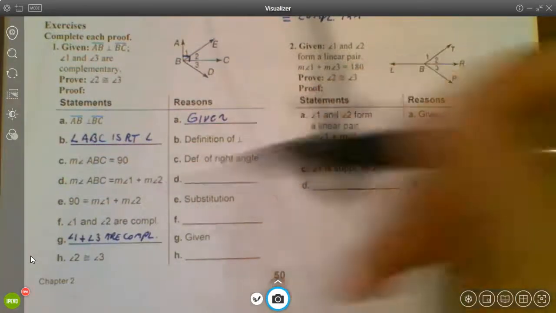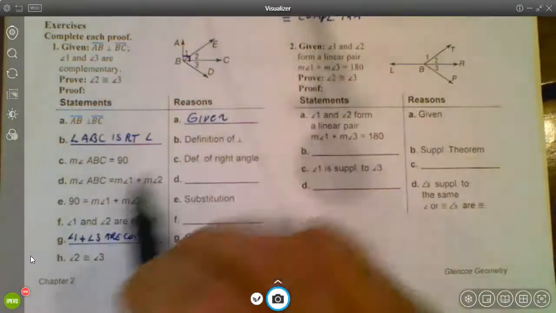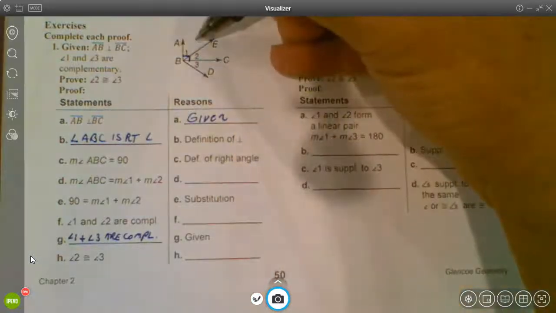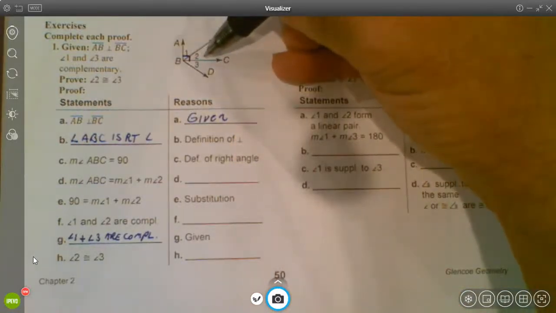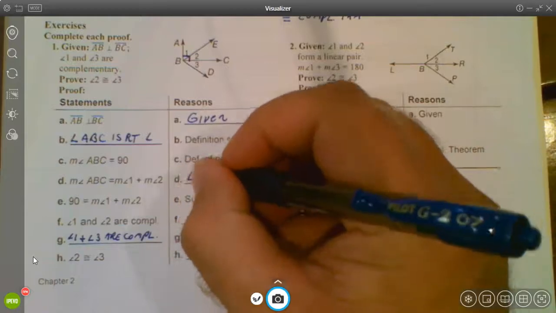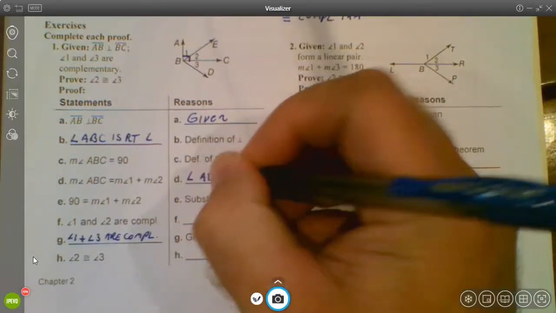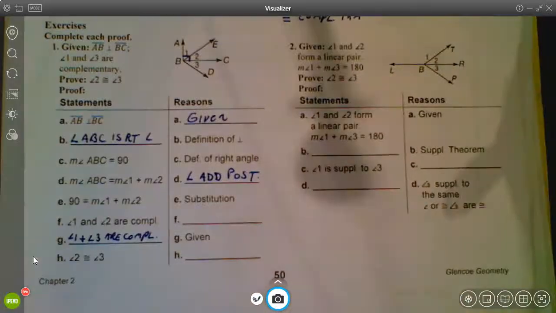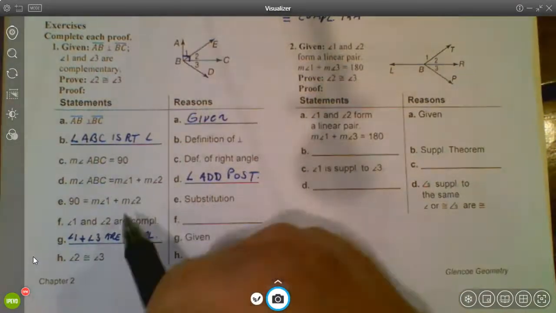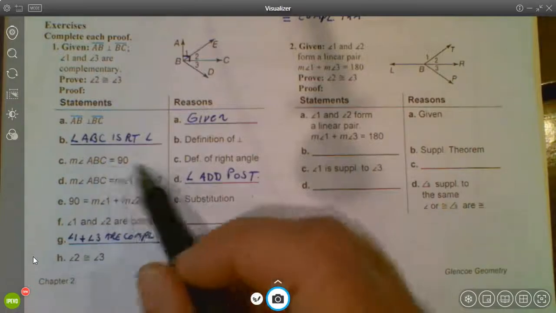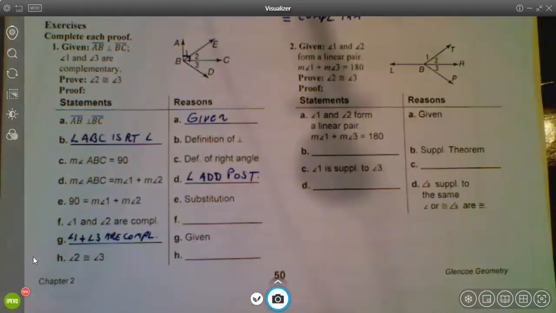As far as D goes, if you look at your diagram, ABC consists of angle 1 plus angle 2. That is our angle addition postulate that came up in this section. Here's where something we've got to recognize is substitution. These both equal angle ABC, right?